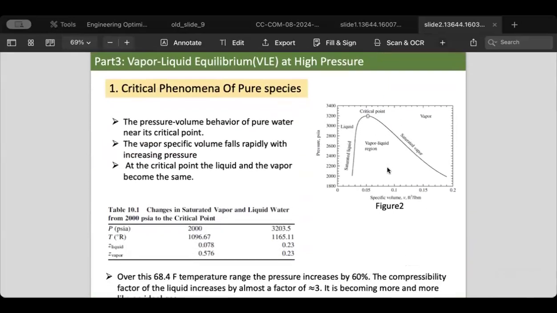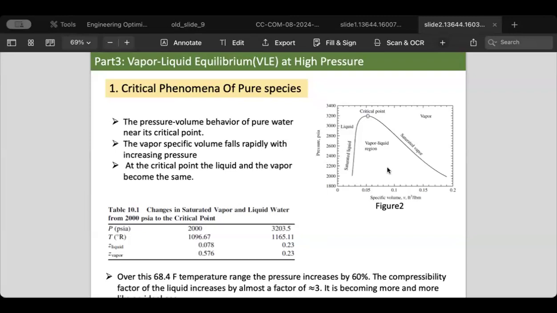Now we consider the critical phenomena of pure species first before we move to the mixture. For a pure component, this one is water. We have liquid on the left hand side and vapor on the right hand side.